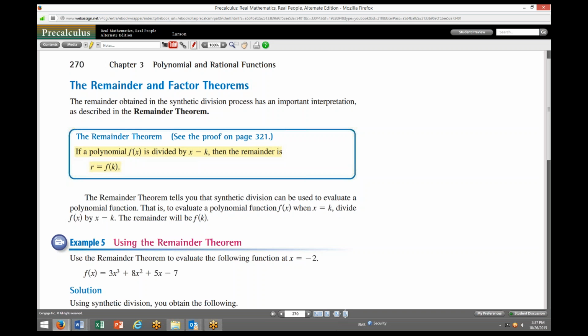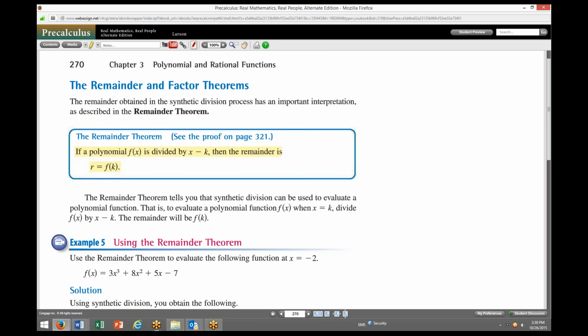This is what the remainder theorem tells us. Here it is. If a polynomial f of x is divided by x minus k, k being some real number, then the remainder, if you divide it by that, is f of k. It's the same thing that you would get as if you just plugged in the number k in for x in the polynomial expression.